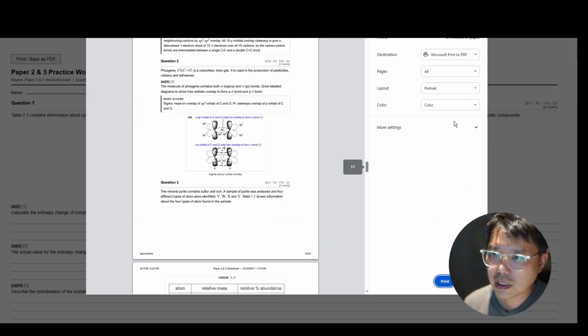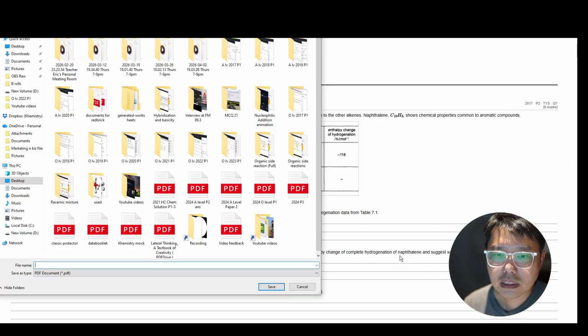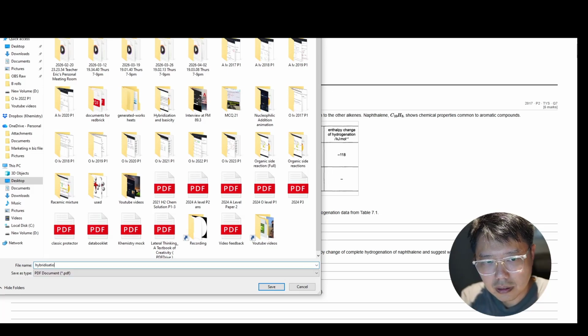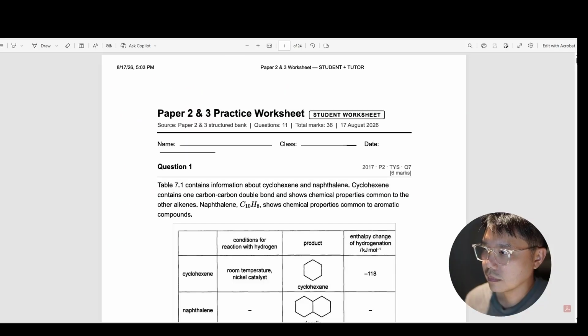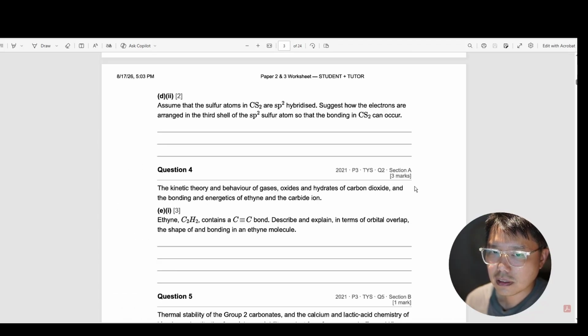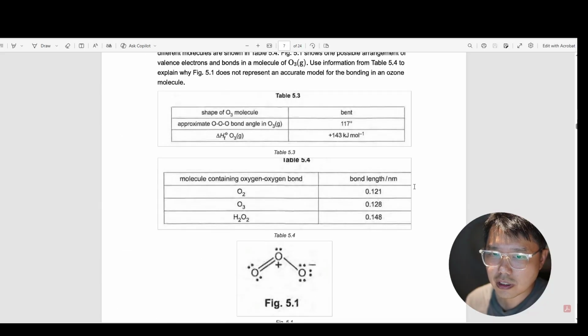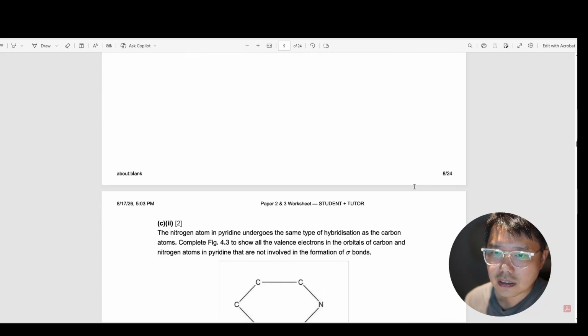So we can print a PDF copy, print it to the desktop, and call it hybridization worksheet. Alright guys, so this is the worksheet that was printed out. Let's look at the tutor's copy so that we have the answers ready.